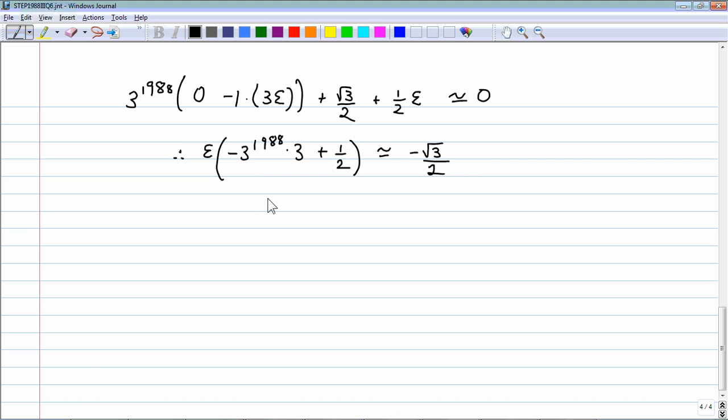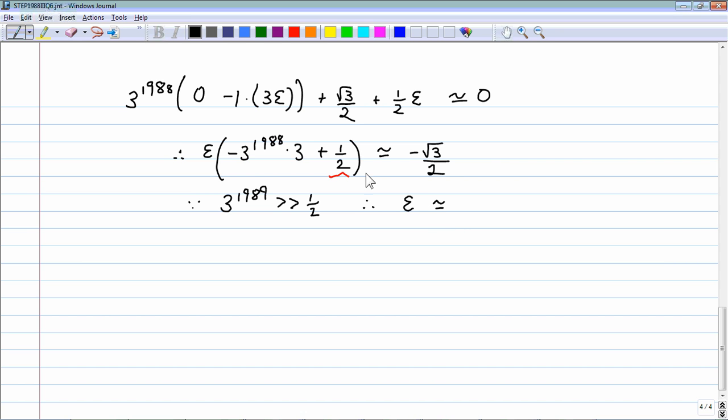Okay, so all we need to do now is rearrange. There's more than one way to do this, but if we simply observe that because 3 to the 1989 is much bigger than 1/2, we can simplify this. In other words, ignore this term. This term here can be ignored. There's more than one way to do that, but that's fine.